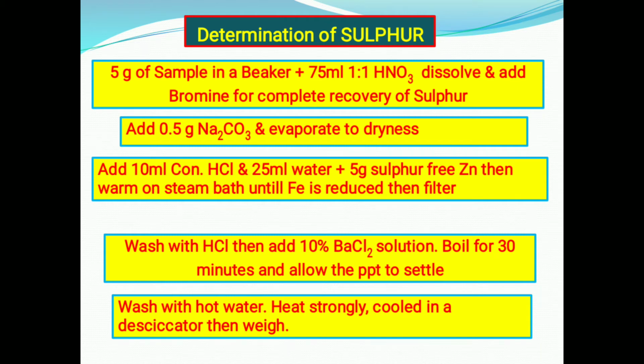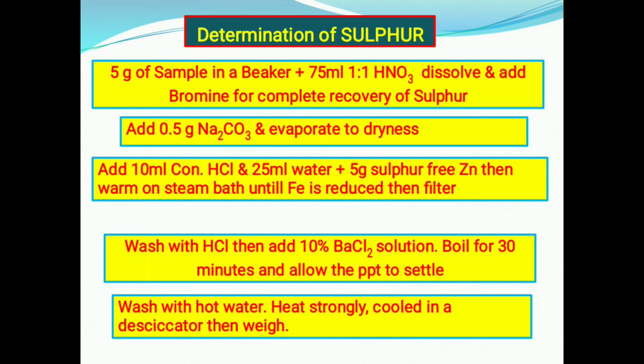Next, determination of sulfur. If you want to determine the sulfur present in blast furnace slag, take 5 gram of slag sample in a beaker and then add 75 ml 1:1 HNO3.